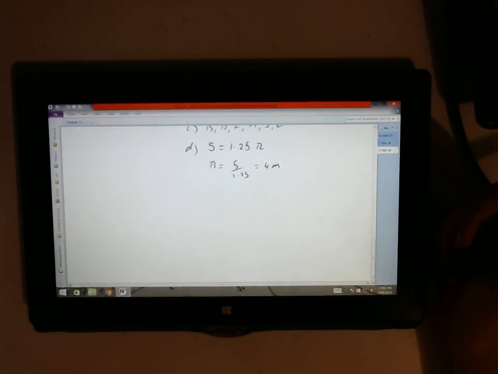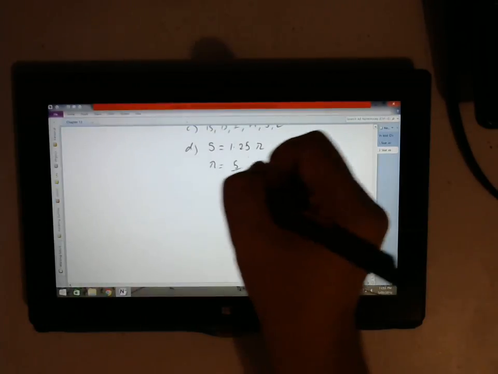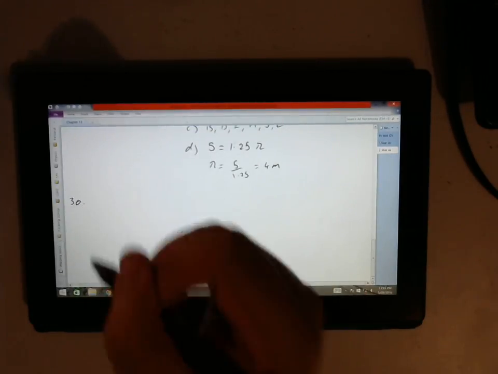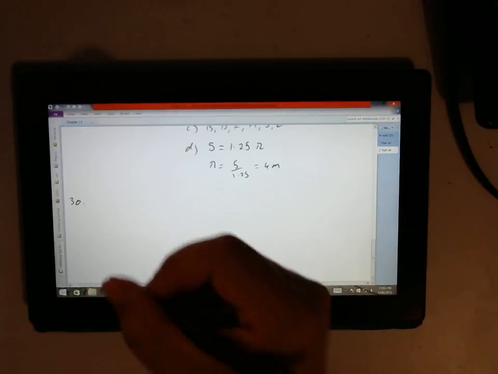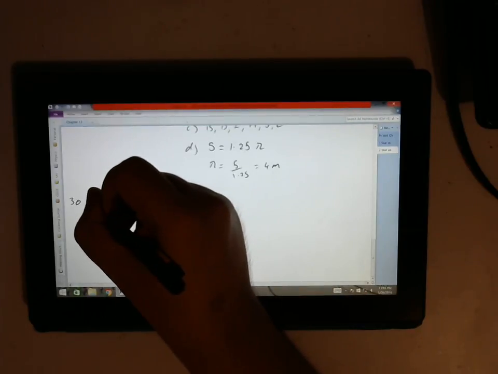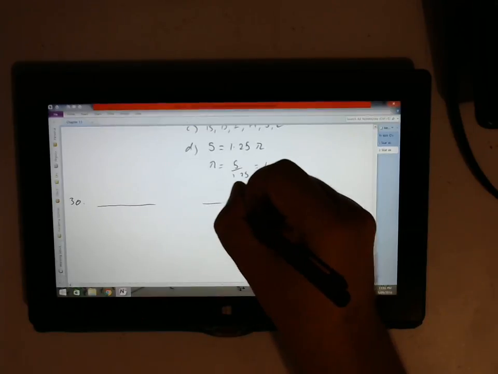Okay, question 30. Figure 13.4, which is off to the left there, shows a wave in the same section of a string at 2 different times. What is the greatest possible period of the wave? Okay, let's draw this. We have 2 waves.